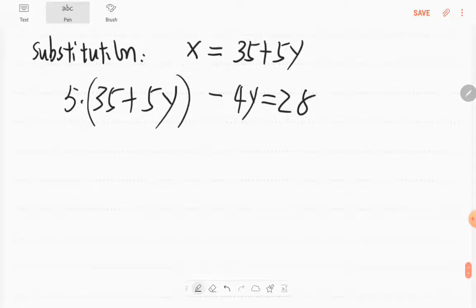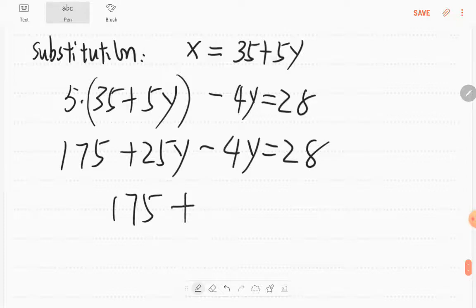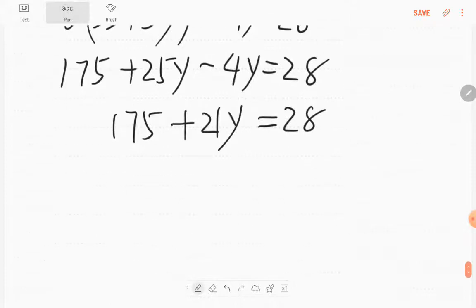So you will have 175 plus 25y minus 4y equals 28. So this would be 175 plus 21y equals 28.